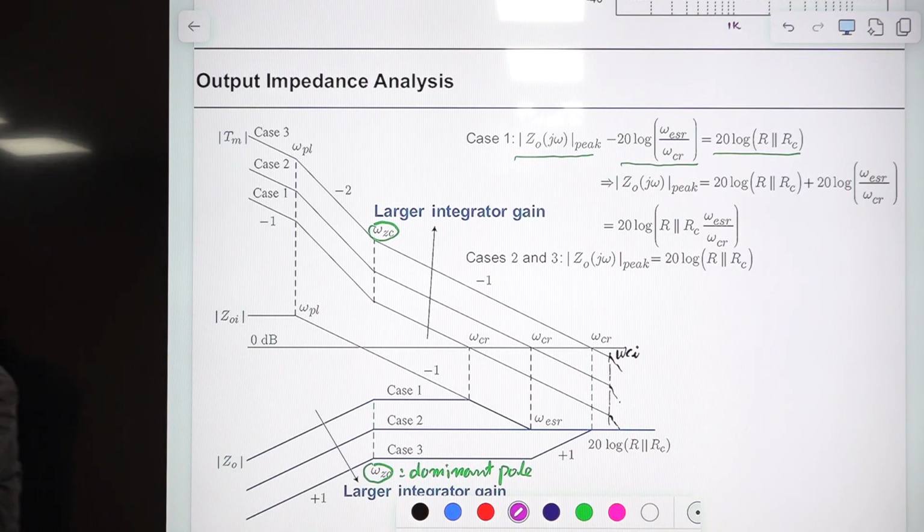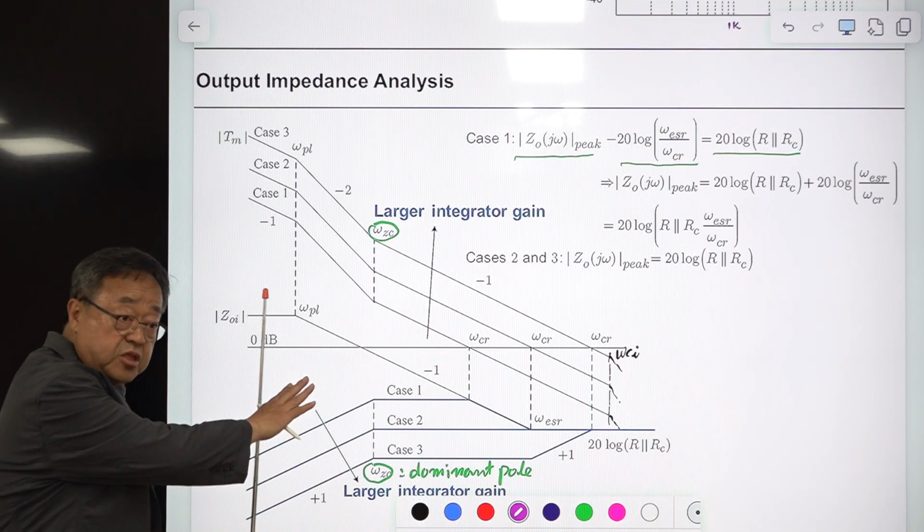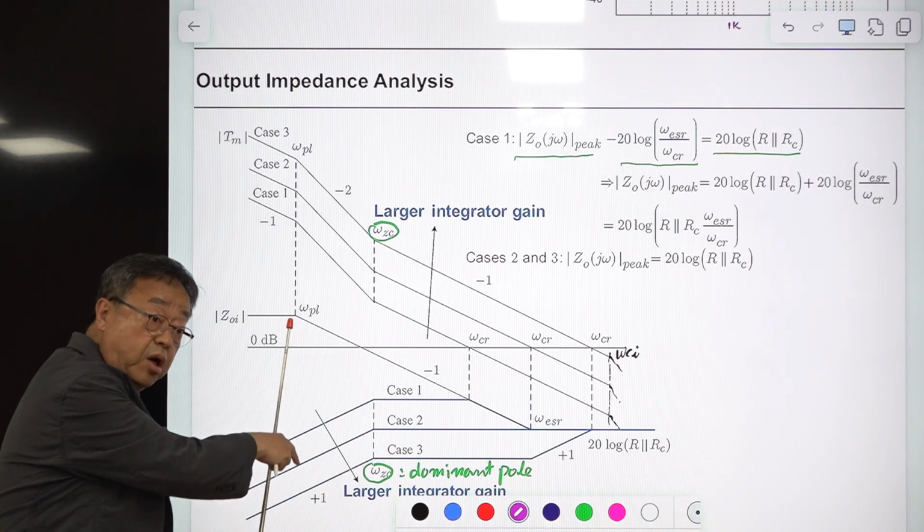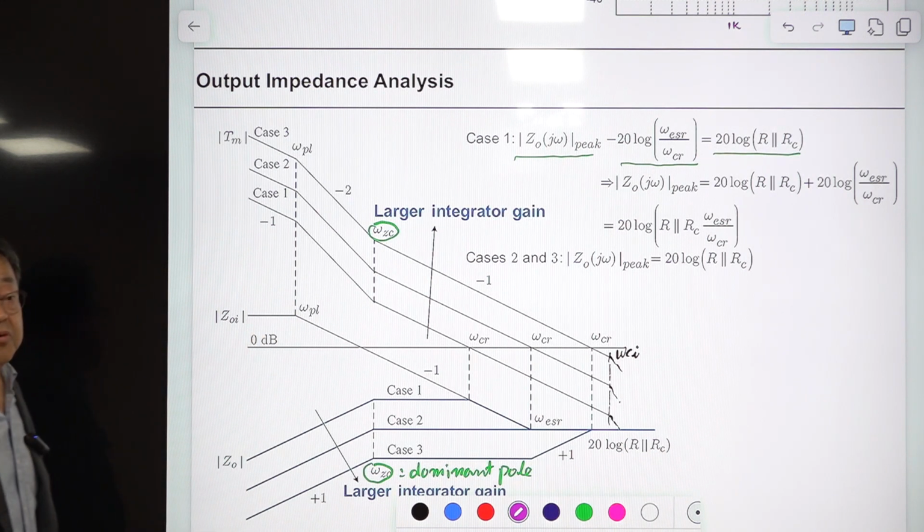So the dominant pole always occurs at the compensation zero of the voltage feedback compensation. This will determine the speed of the step load response. Okay? Because this is the dominant pole, it determines the transient response of this system, the step load response. Okay? How about the peak value?